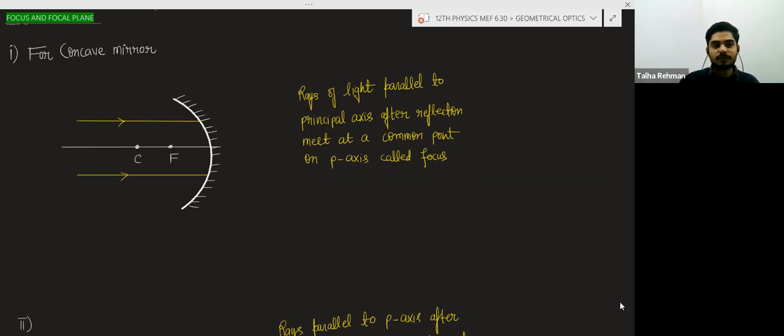We will discuss focus and the focal plane. We have two mirrors, concave and convex, so separately, one by one, we will discuss what focus is for the concave mirror and for the convex mirror, and what the focal plane is for each.